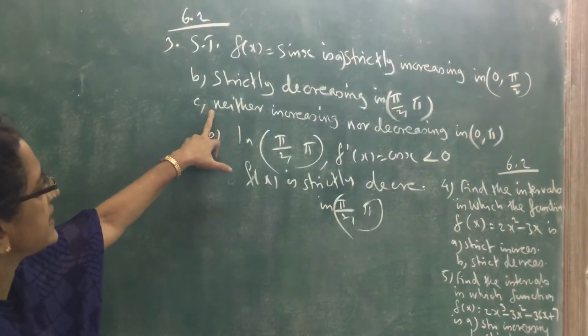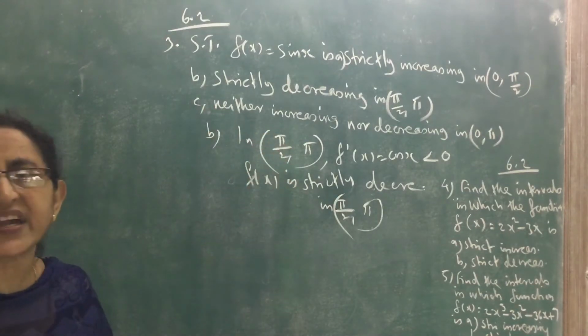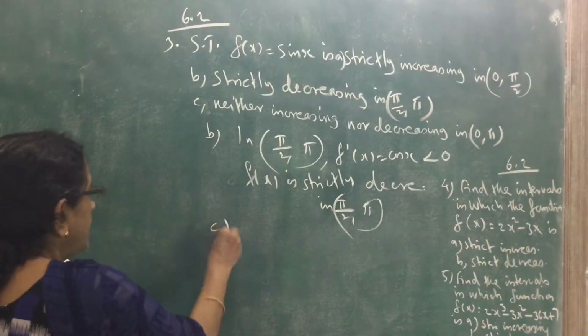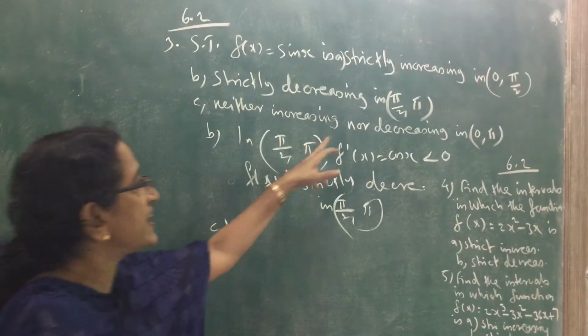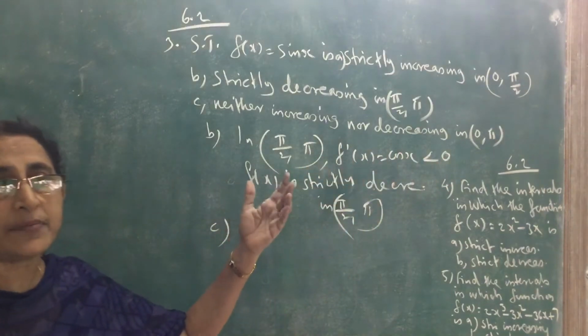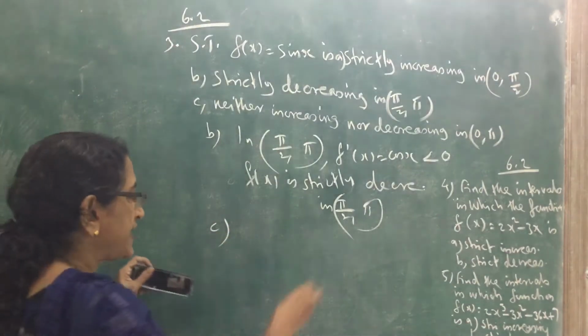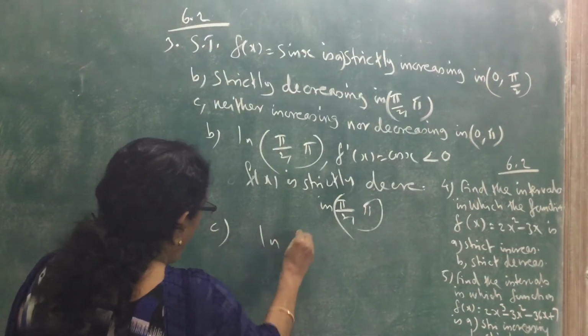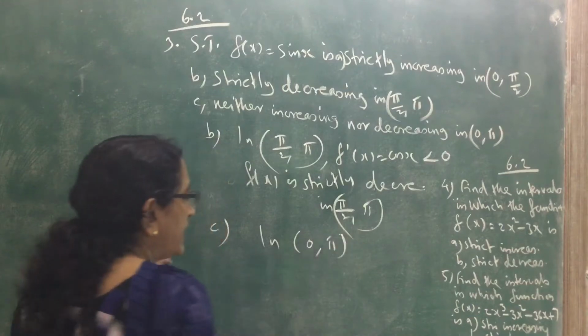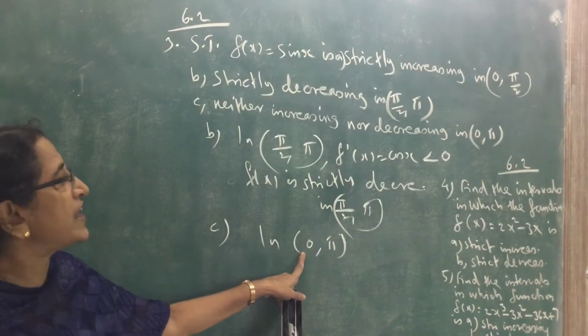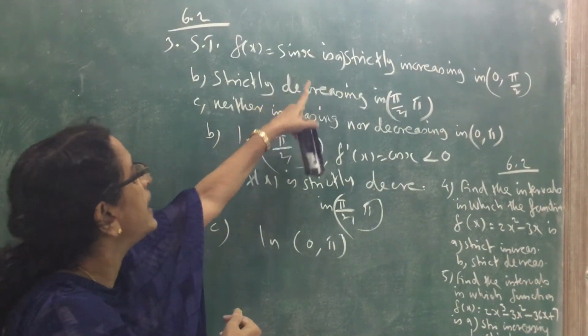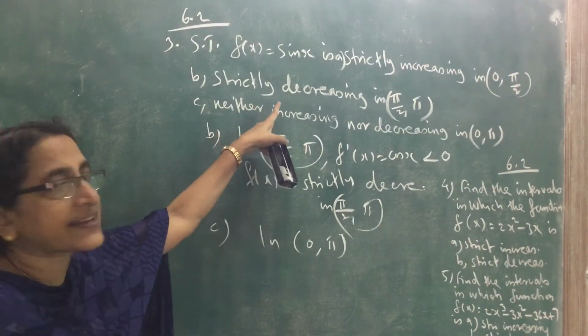Now third, C. Neither increasing nor decreasing in (0, pi). When we consider the interval 0 to pi, it means the first quadrant and the second quadrant. In the open interval 0 to pi, from 0 to pi by 2 the function is strictly increasing, and from pi by 2 to pi it is strictly decreasing.